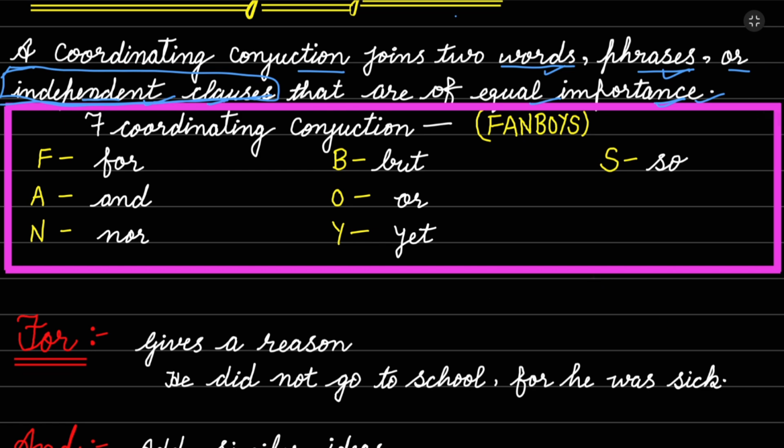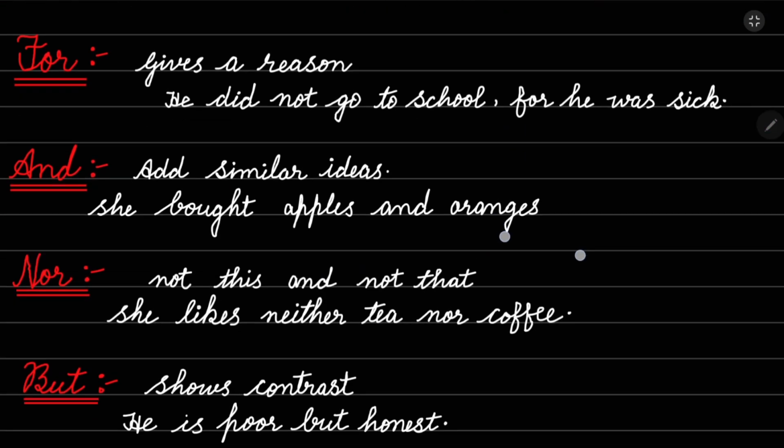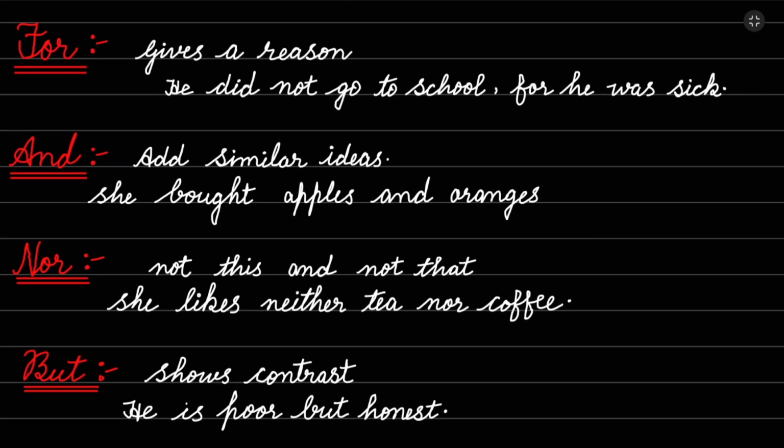Now there are 7 coordinating conjunctions. We can learn them with FANBOYS. F means for, A means and, N means nor, B means but, O means or, Y means yet, and S means so. Number 1 is for. For gives a reason.